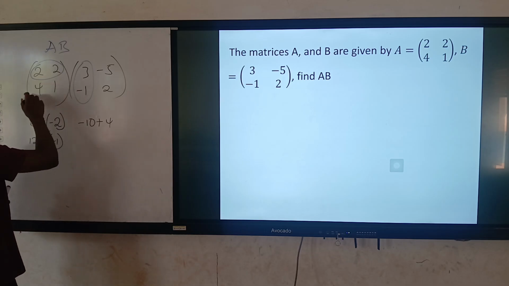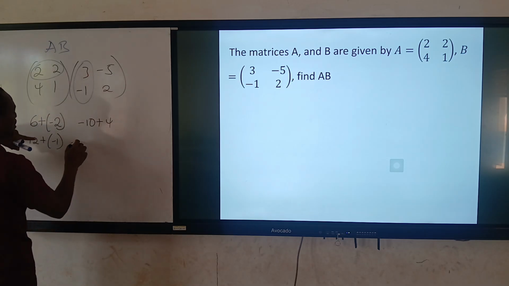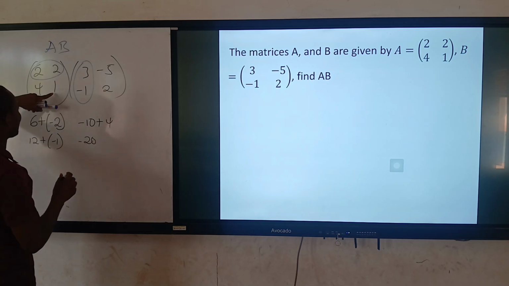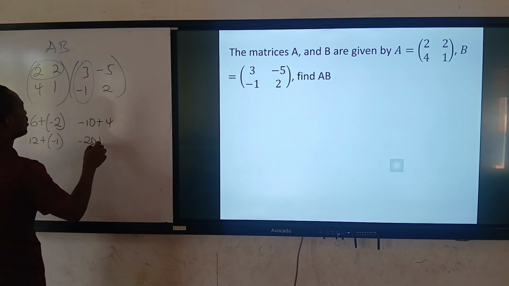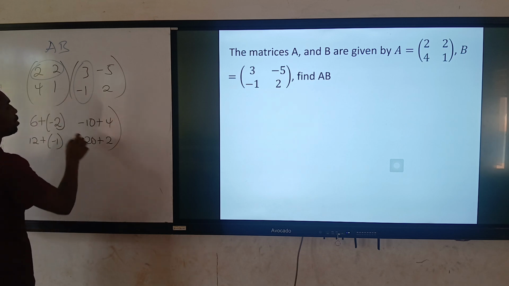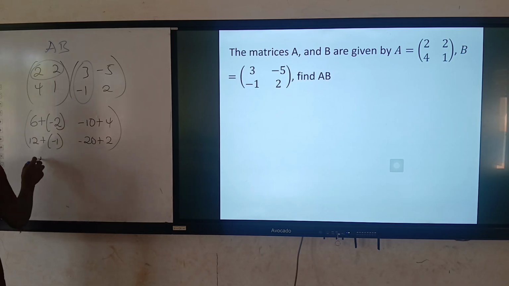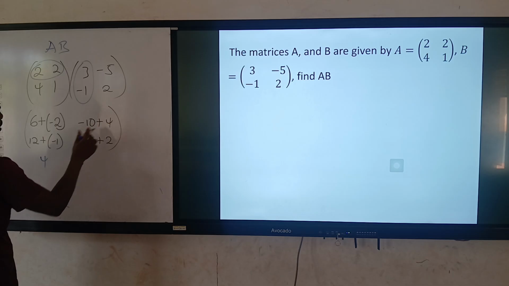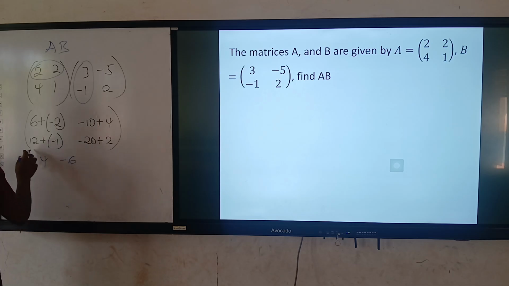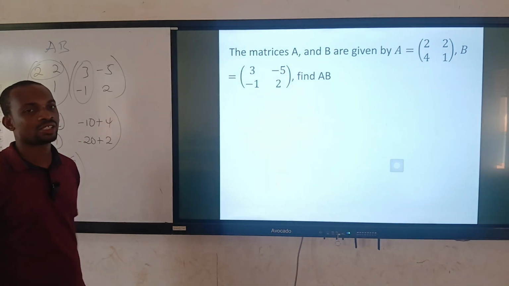Then the same row again with this column: 4 times negative 5 gives negative 20, plus 1 multiplied by 2 gives 2. Then you put them together. 6 plus negative 2 gives 4. Negative 10 plus 4 gives negative 6. This one gives 11, and this one gives negative 18. So this becomes the answer for this question.